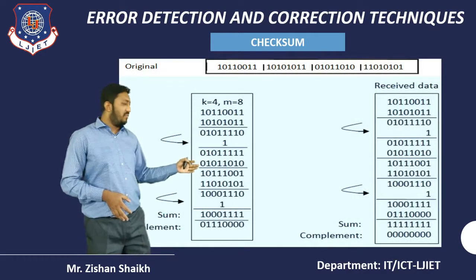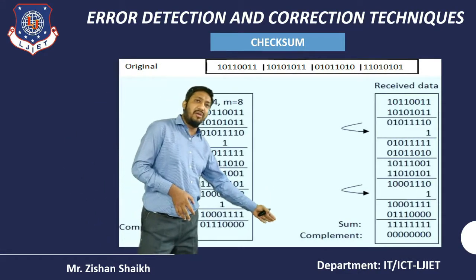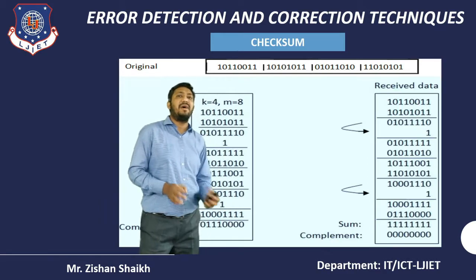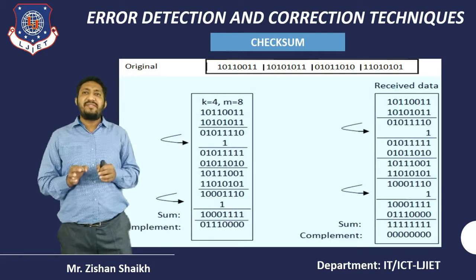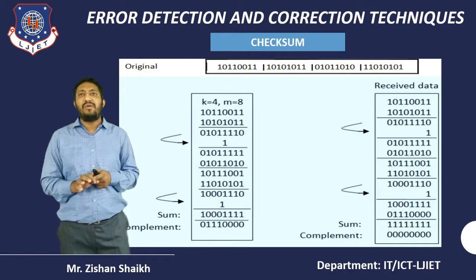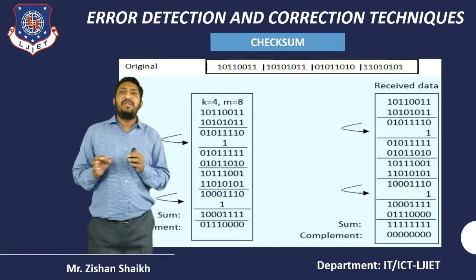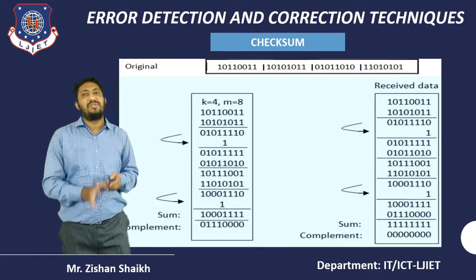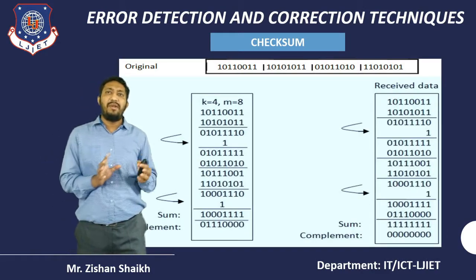So in this checksum example, at the receiver side we can see that after the complement all the bits are 0, and we can say that our data is successfully received by the receiver. No data is altered in this transmission. So this is the basic of checksum. Checksum is a very simple method.